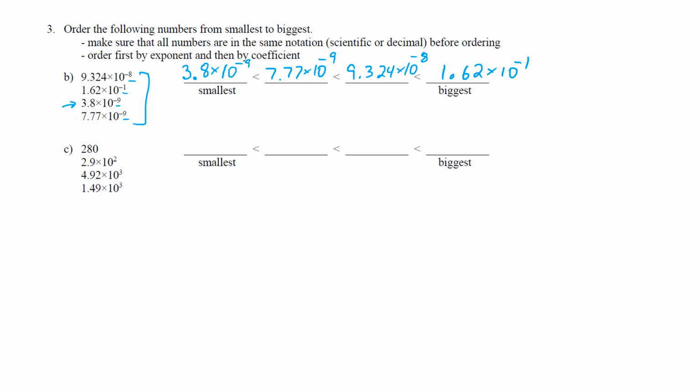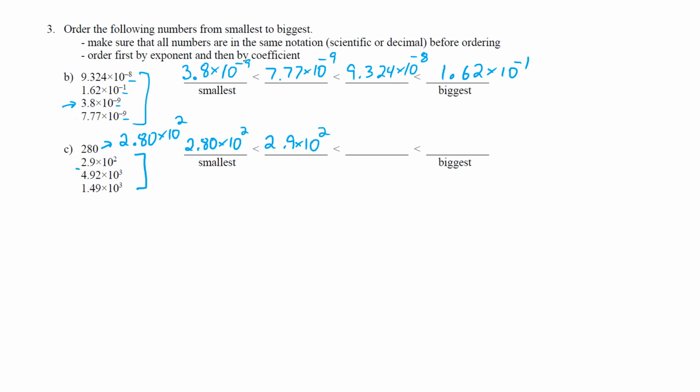All right, again, we have 3 in scientific notation, 1 not. So I need to convert this to scientific notation. So 2.80 times 10 to the 2. I have 2 that are 10 to the 2 and 2 that are 10 to the 3. So the 10 to the 2 are the smaller. And 2.8 is smaller than 2.9.